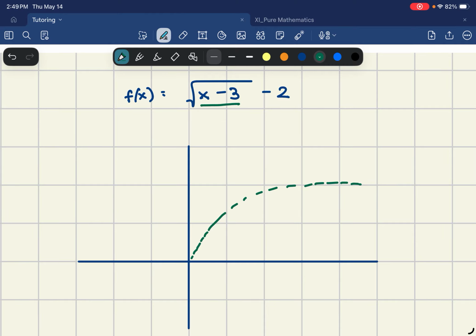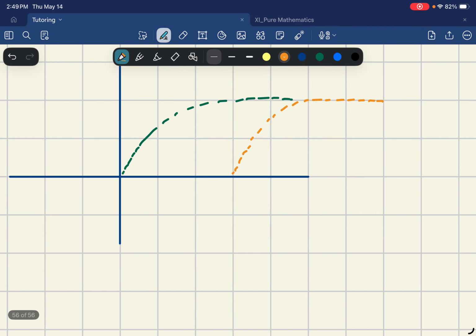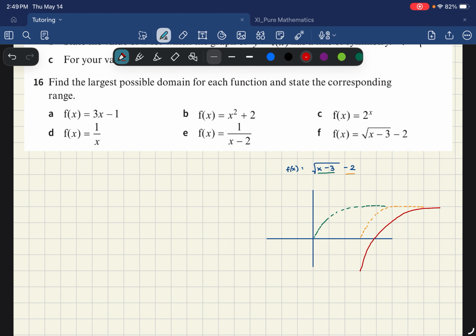And x minus 3 tells us to shift this graph 3 units to the right. So now we have something like this. And then minus 2 tells us to shift it 2 units down. So now our graph is going to look something like this, as illustrated by the red line, right?